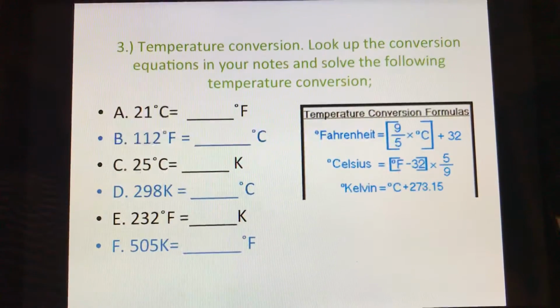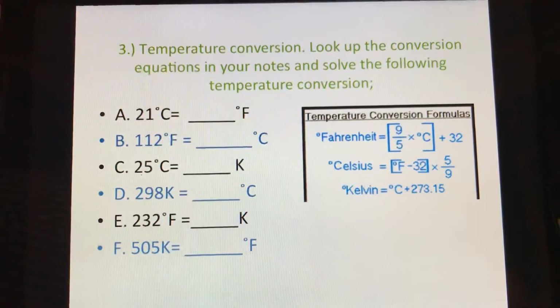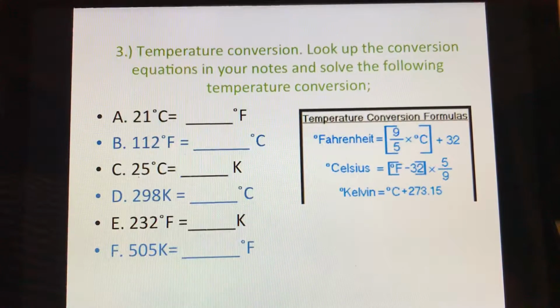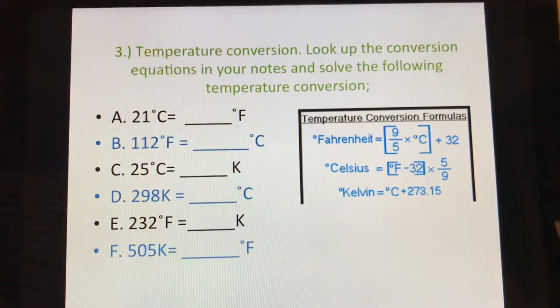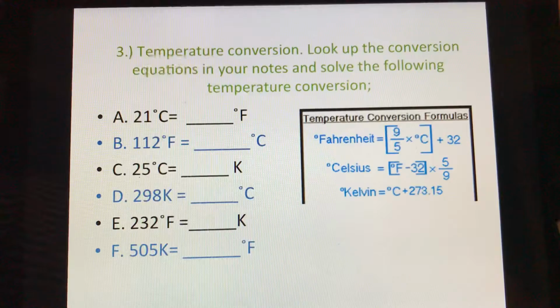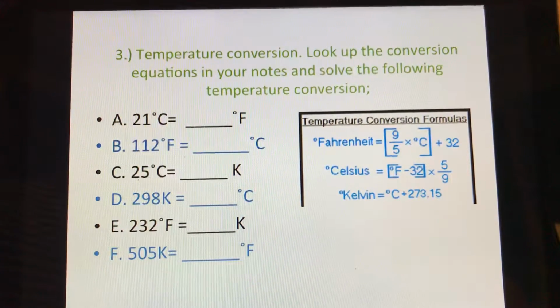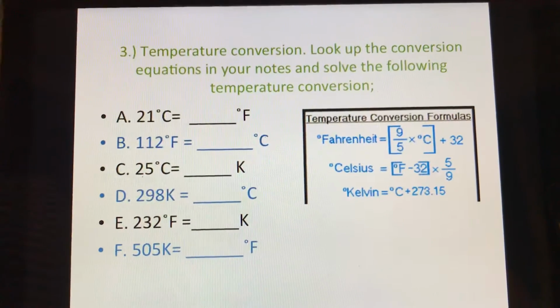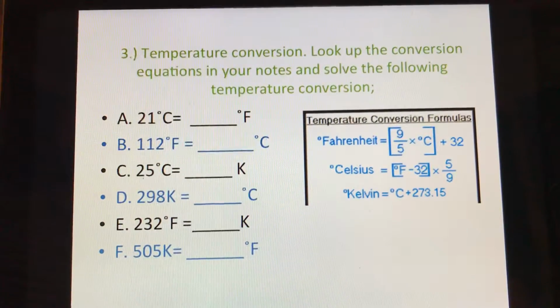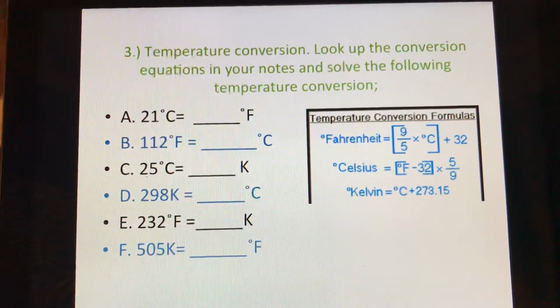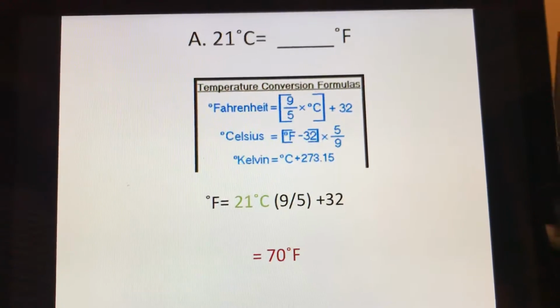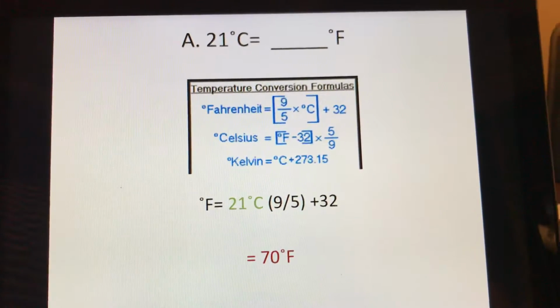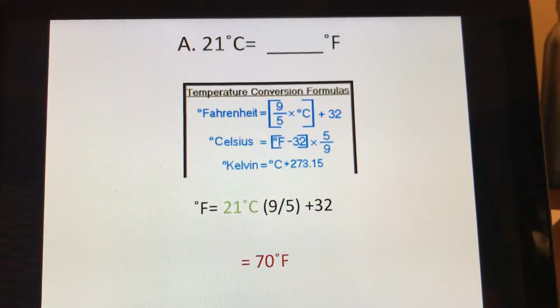So for number 3, we're focusing on temperature conversions, looking up the conversion equation in your notes and solving the following temperature conversions. I added a temperature conversion formulas chart just to use as the template for these problems from A through F. For A, it asks us to change 21 degrees Celsius to Fahrenheit.